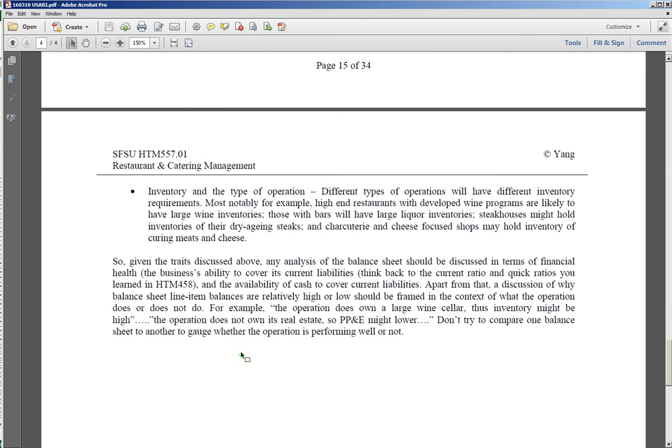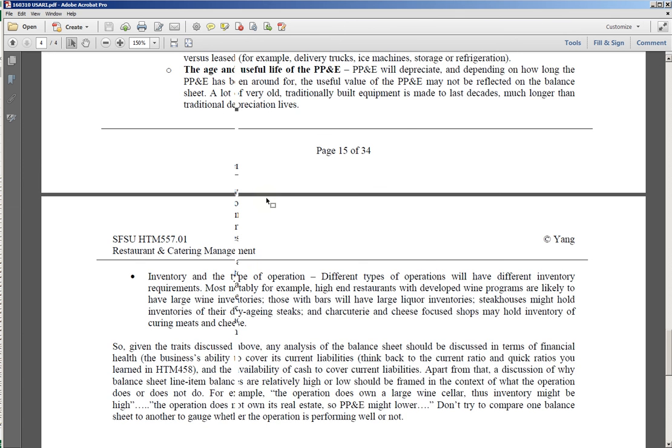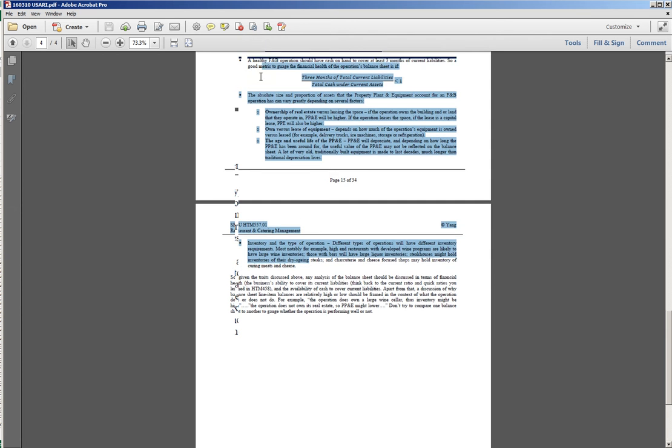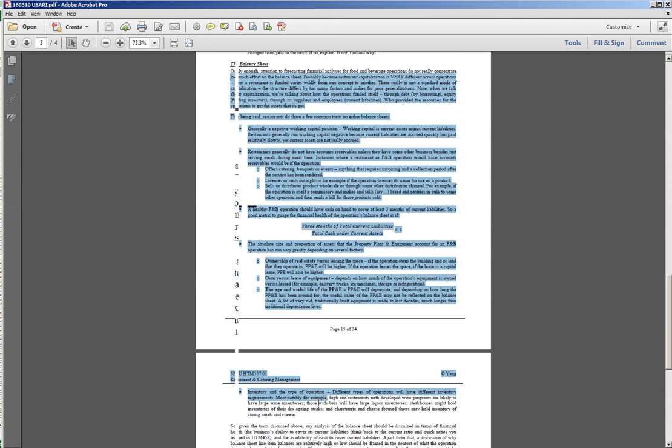Okay, so keep in mind all these considerations when you're looking at a company's balance sheet. Because of these factors, you really can't compare one balance sheet to the next because there are just way too many moving parts.